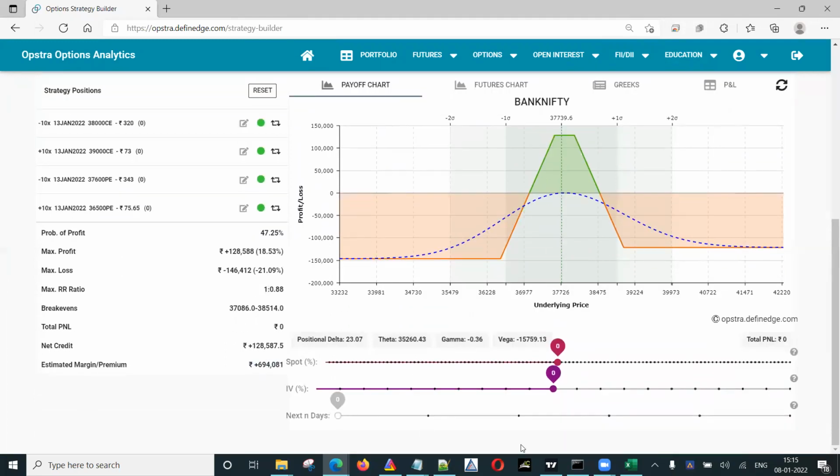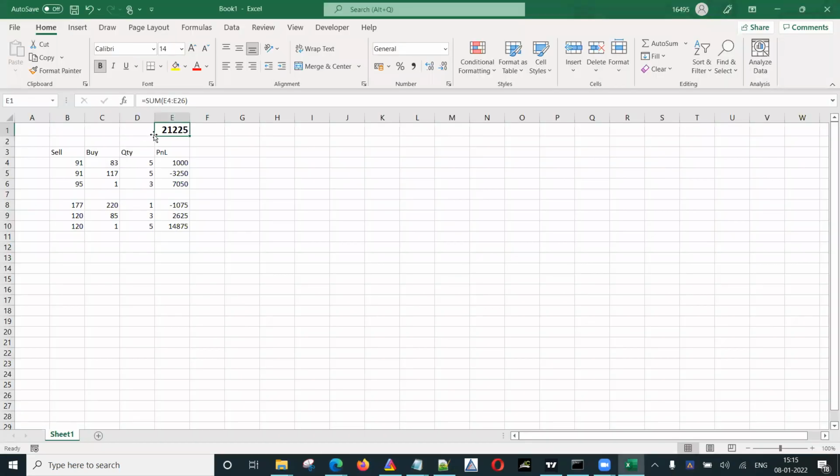So on that margin, which is not very aggressive, you're getting 21,000, which is around 3%. 3% on the day on your deployed capital is what you get.